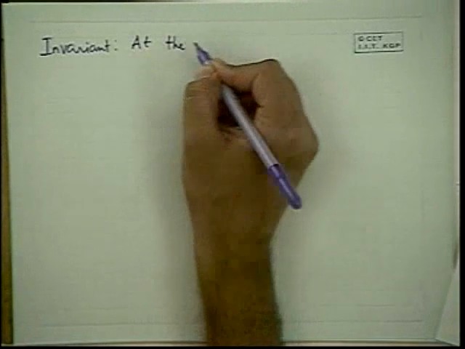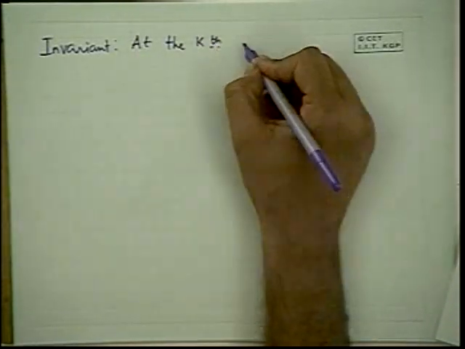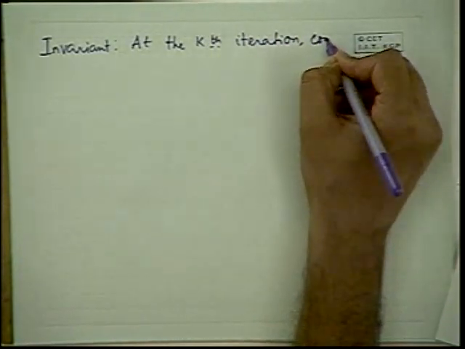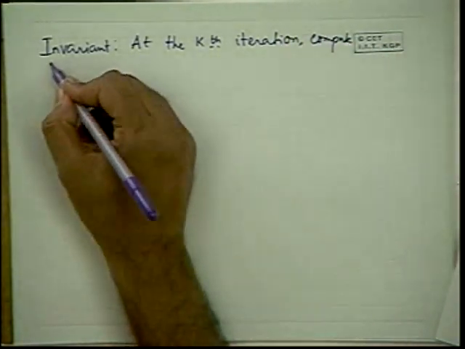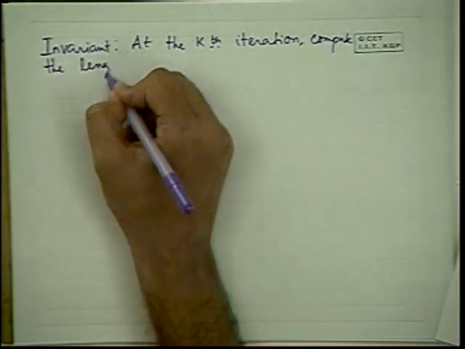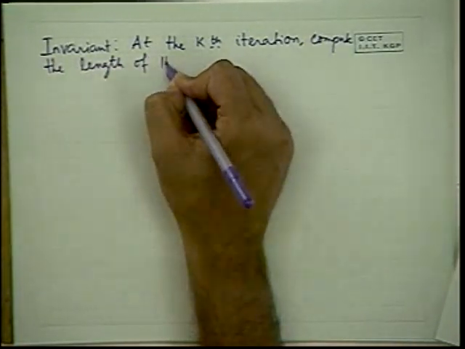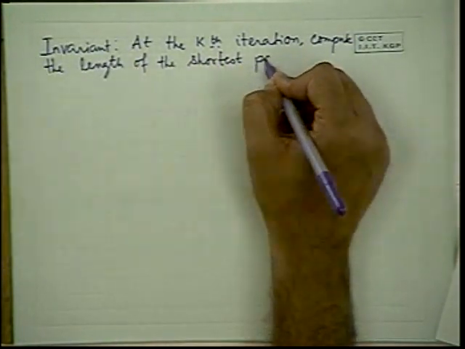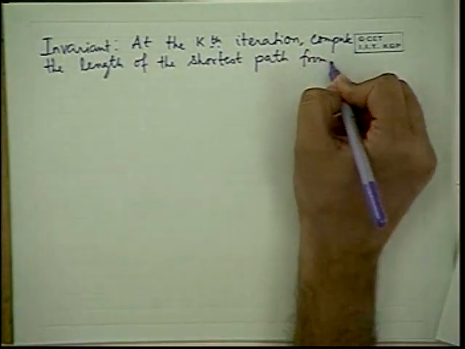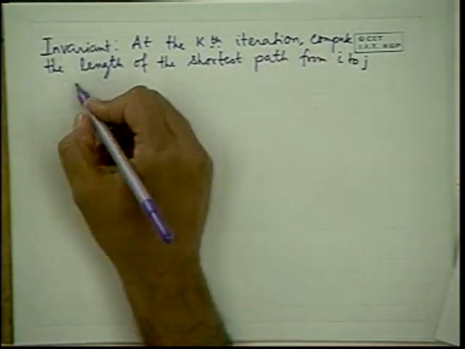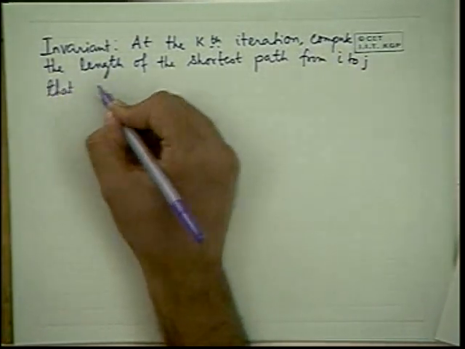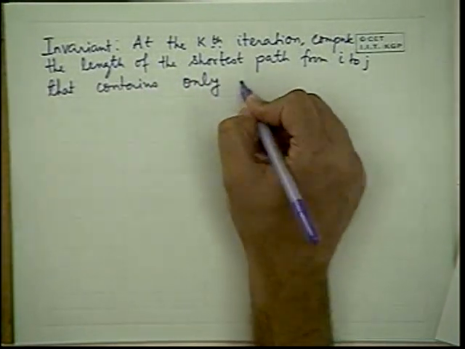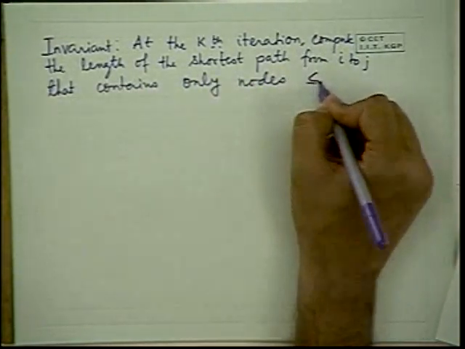At the kth iteration, compute the length of the shortest path from i to j that contains only nodes less than equal to k.